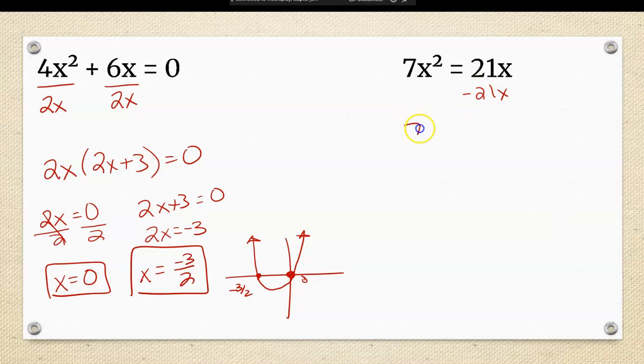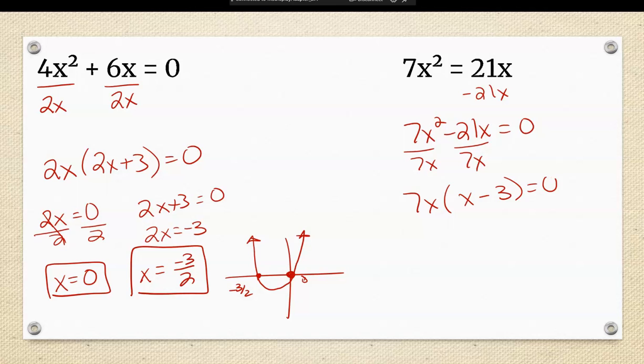So 7x squared minus 21x equals 0. What is my GCF? 7x. Good. So we have 7x times. Yes.